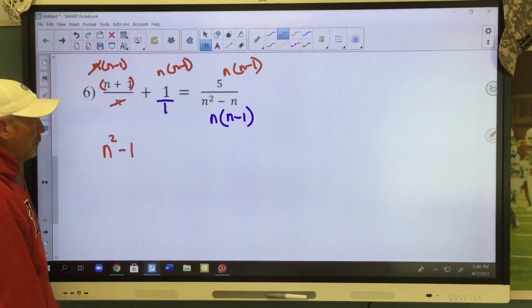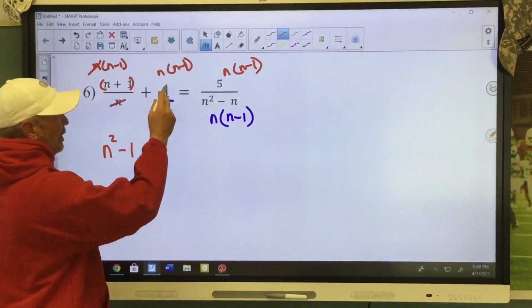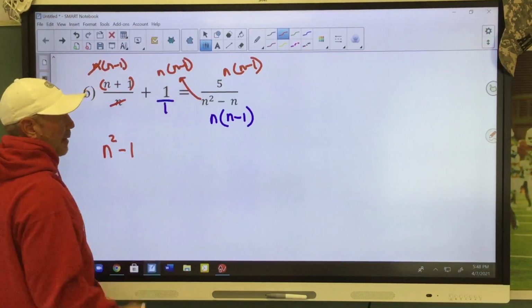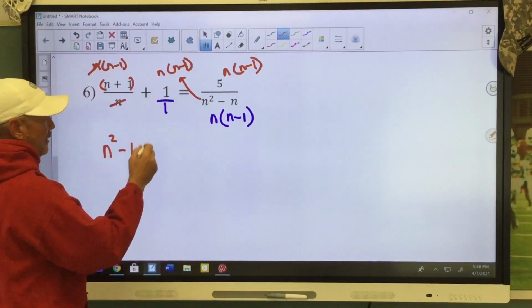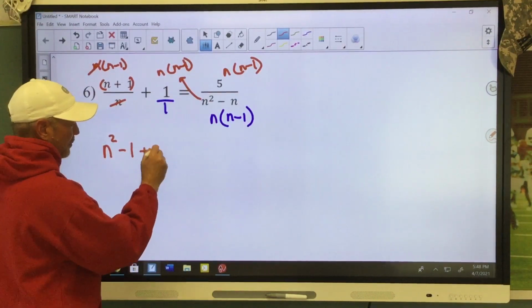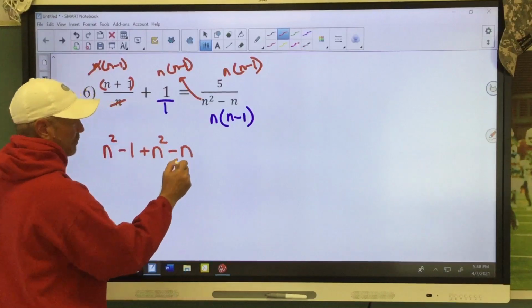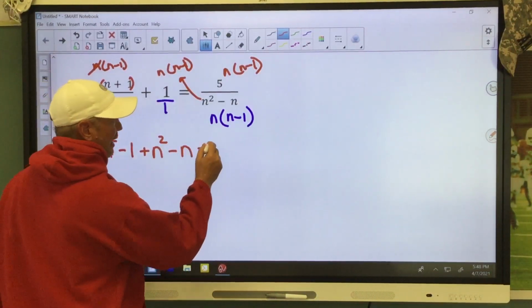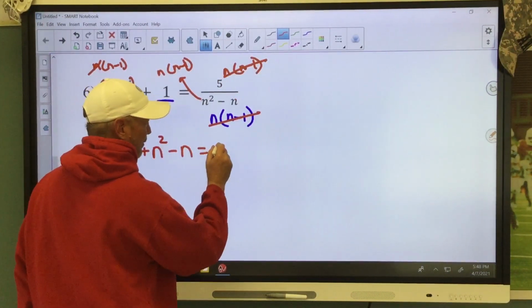Okay? All right, in this case, I have nothing that's going to cancel, so I just multiply that together. This came from there. So I can just put it back together. N times n is n squared, n times negative 1 is a negative n, equals, everything cancels, and I'm left with the number 5.